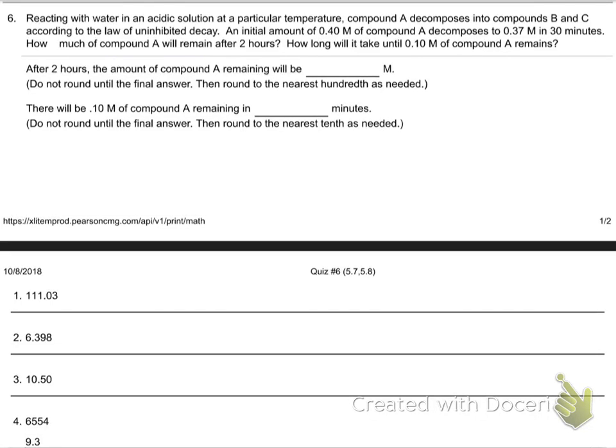Okay, and then number 6 here, we've got reacting with water in an acidic solution at a particular temperature. Compound A decomposes into compounds B and C according to the law of uninhibited decay.